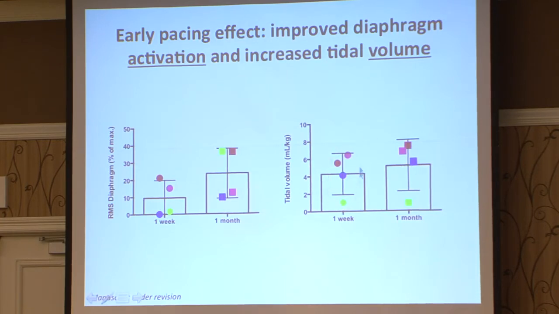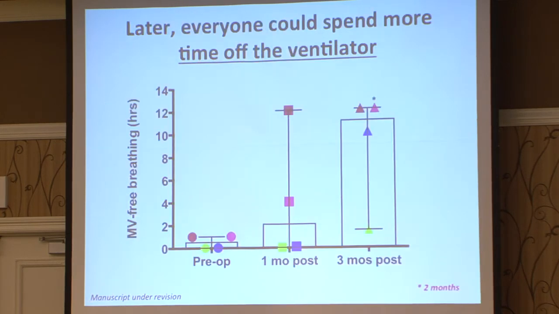And we see also the tidal volume, this is unassisted tidal volume. This doesn't look like that much of a difference, but the average is about 20% improved at 1 month. And then we don't see big changes in time off the ventilator at 1 month, but by 3 months, we see a large increase in the amount of time patients spend off the ventilator.